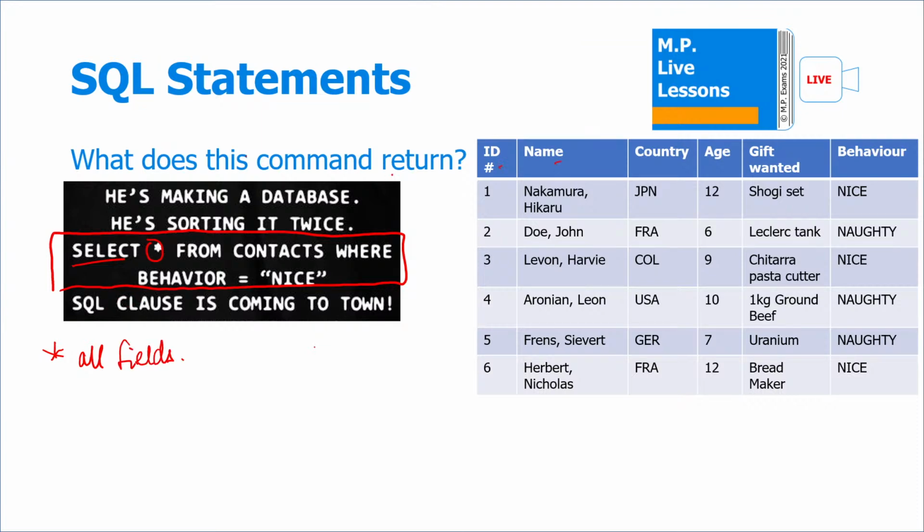So that would be like your ID number, name, country, age, gift wanted, behavior, and so on. Now, from is like the table. We'll label this contacts.